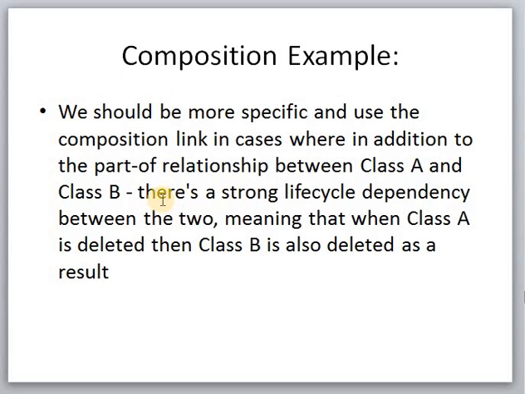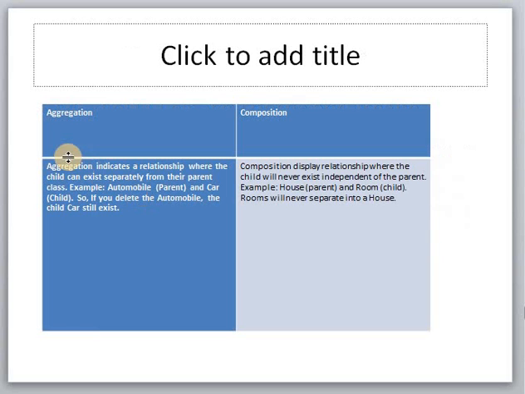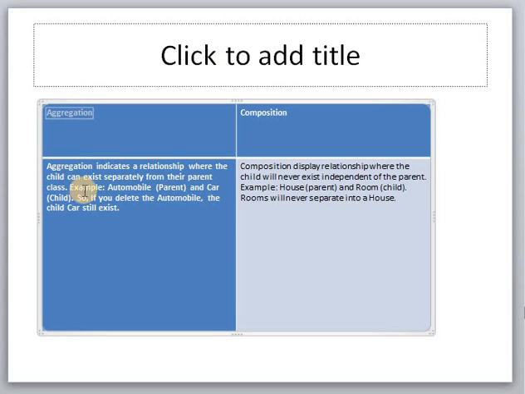In composition example, let's say we have the two classes A and B, and if class A is deleted, class B will automatically also be deleted, because there is a strong dependency between class A and B. So the aggregation relationship can be used to indicate a relationship where the child can exist separately from the parent class.